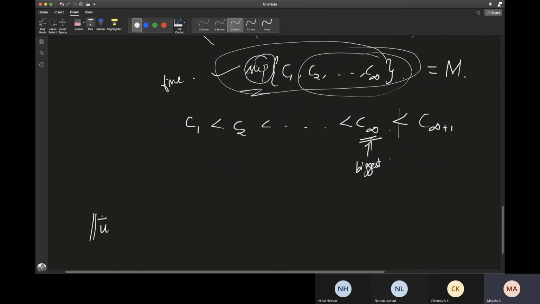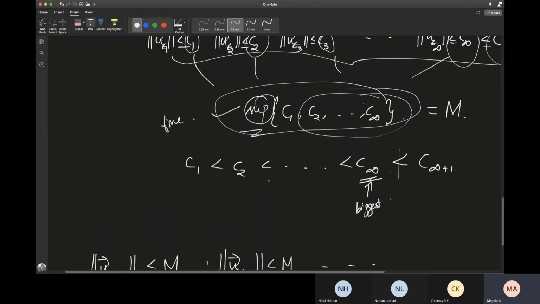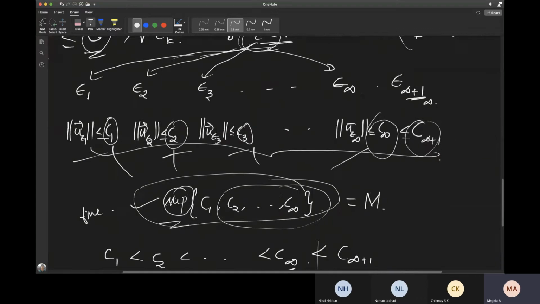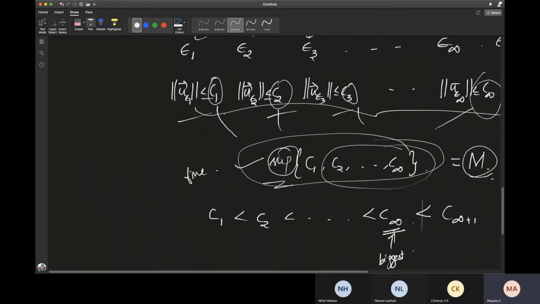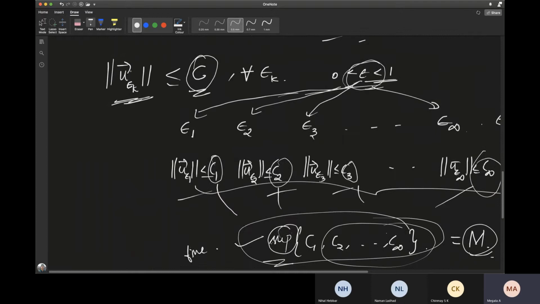Then each of the norms of u epsilon, for epsilon 1 and everything else, will be bounded by m for all possible epsilons. So you require that. That is some nuance that I am telling you. It's always good to go through the levels of understanding the smallest nuances possible.